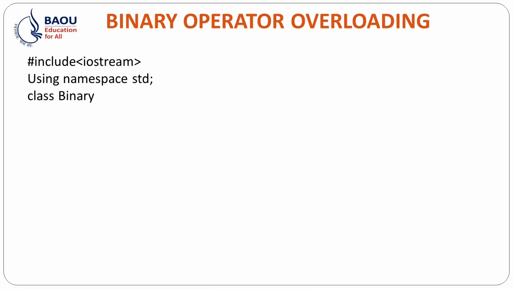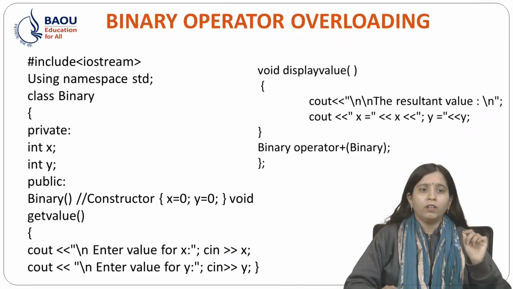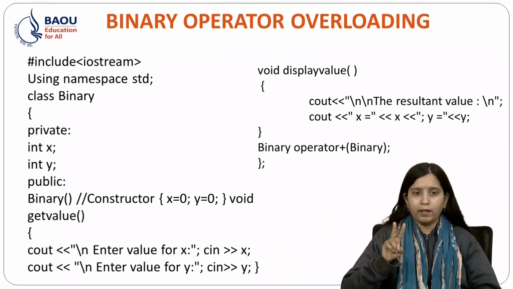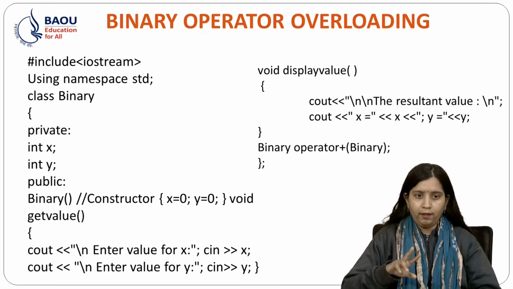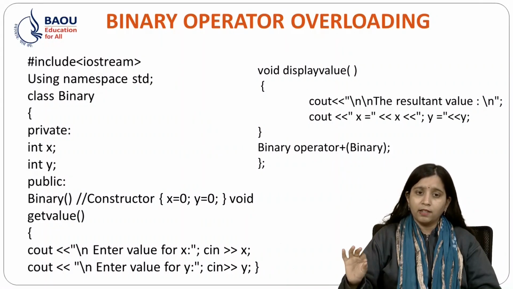First, what I have done here is include using namespace std with a class Binary. In that I have two data members x and y. I have taken a constructor, that is the default constructor, where x is equal to 0 and y is equal to 0.